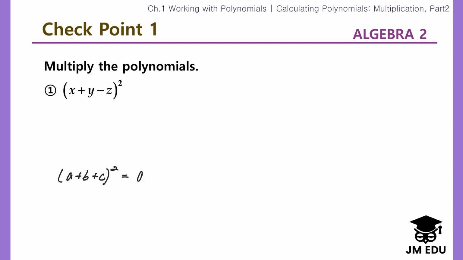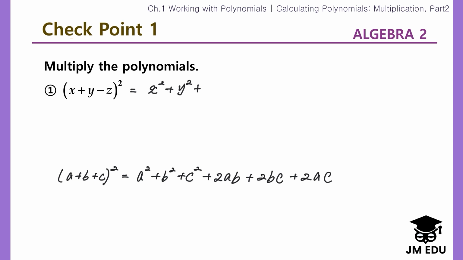That is equal to a squared plus b squared plus c squared plus 2 times first, second, plus 2 times second, third, plus 2 times first, third.